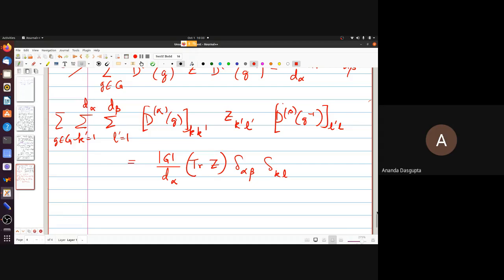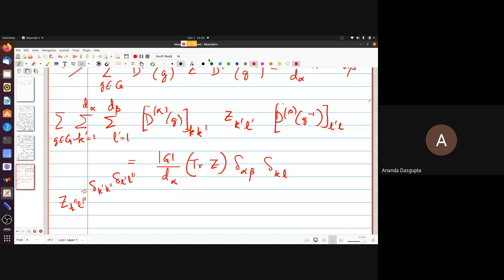But let's be more precise. The K double prime L double prime element of Z is delta K prime K double prime delta L prime L double prime. That means there's only one element which is 1, every other element is 0, and that non-zero element is sitting in the K prime L prime position of the matrix.